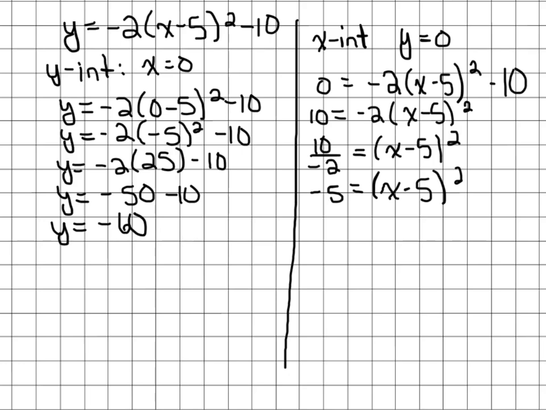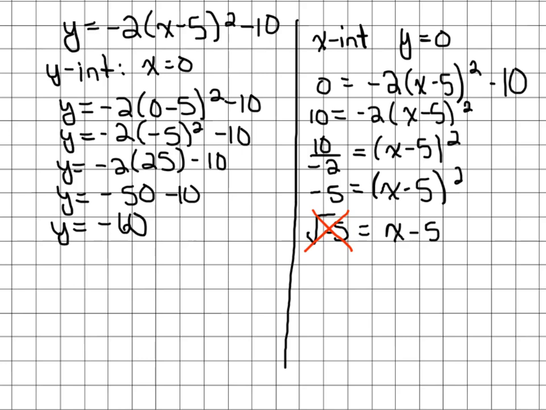Now I have to take the square root of both sides, and this is where you should go, something doesn't quite make sense here, because I cannot take the square root of a negative number. There are not two numbers that multiply by themselves to give you a negative number, so we can't do this.